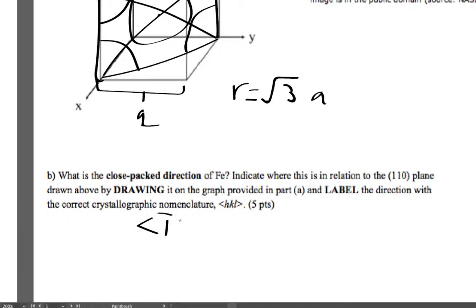For the Y, you go in the positive direction, and then for the Z, you go up by 1. Or you could write that as this guy in relation to the 110. We are only really looking at this 110 plane. So 1 bar, 1 bar, 1 bar.